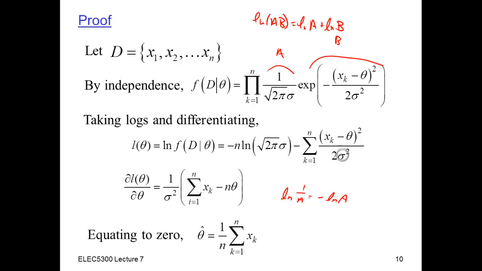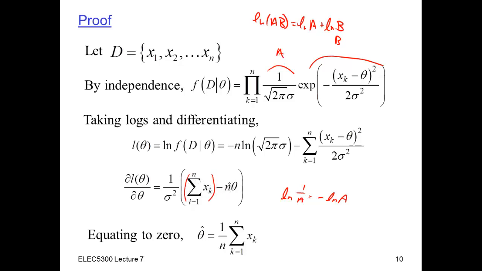I can take the sigma squared outside, so I get 1 over sigma squared on the outside, and I differentiate this with respect to theta, and I just get 2, which is canceled by the 2 down here, times x minus theta. So I get x minus theta inside here, and I can apply the sum to all of the thetas, and I just have n thetas. So I get the sum of the x's minus n of the thetas here.